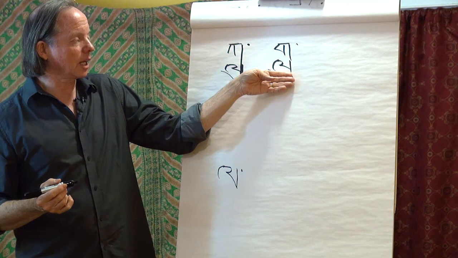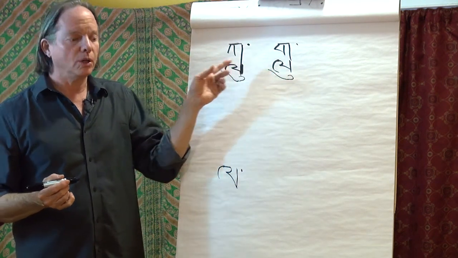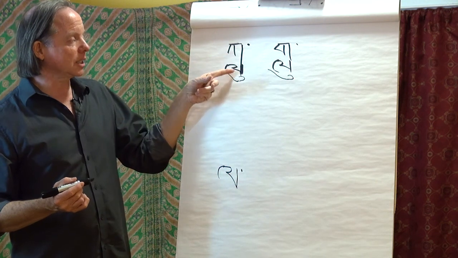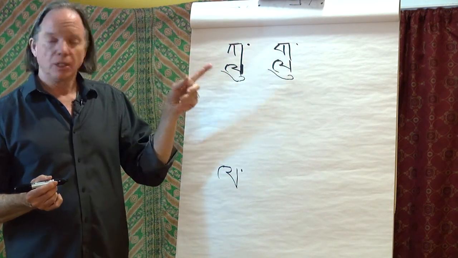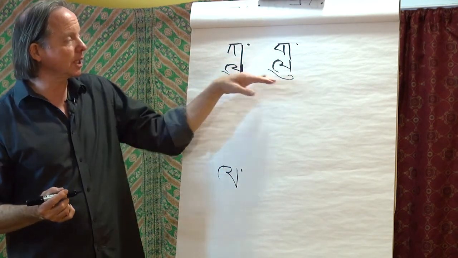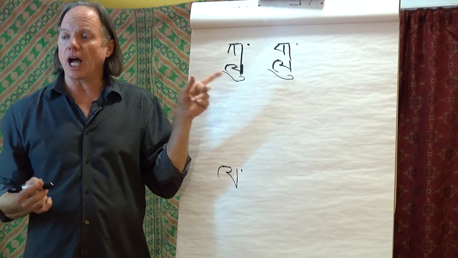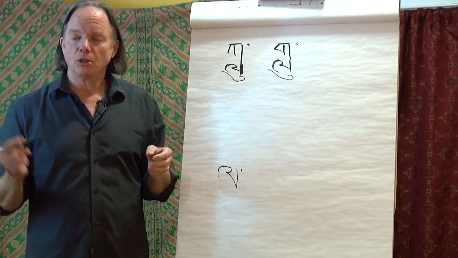Ka, latak, la. Shapkyu, lu. They're pronounced the same, okay? Without the shapkyu, they would both be la, and with the shapkyu, they're both lu.